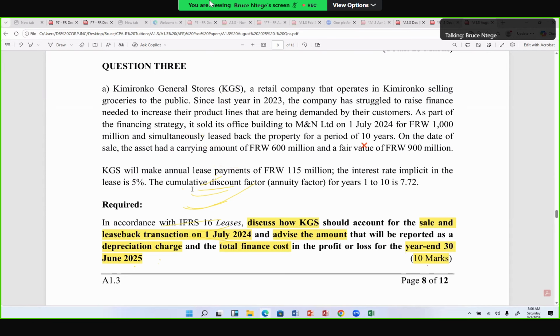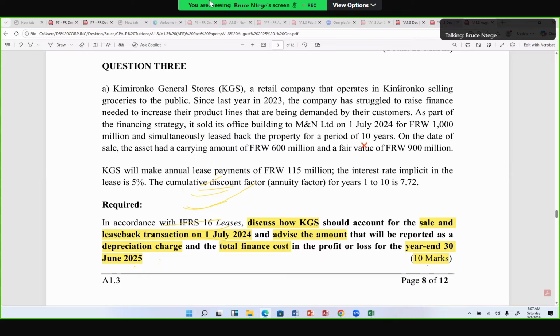Let's comfortably read it together, even while the time has gone, so that you don't miss this chance. At the start, they're saying that Kimironko General Stores, which is KGS, is a retail company. It operates in Kimironko. They sell groceries to the public.